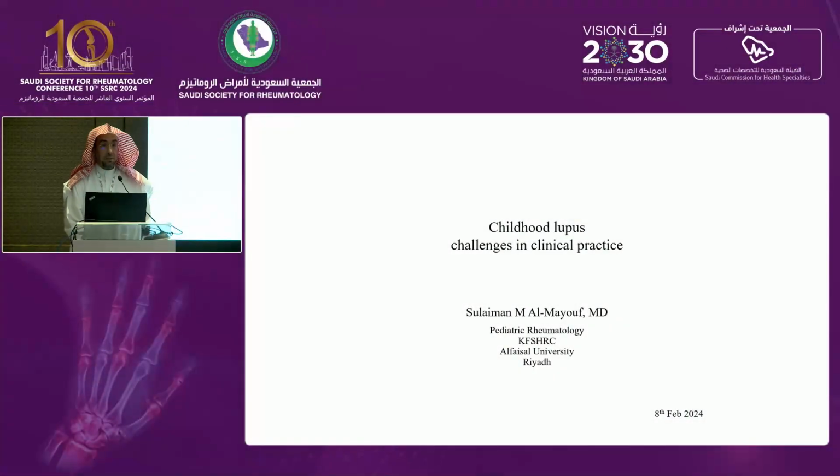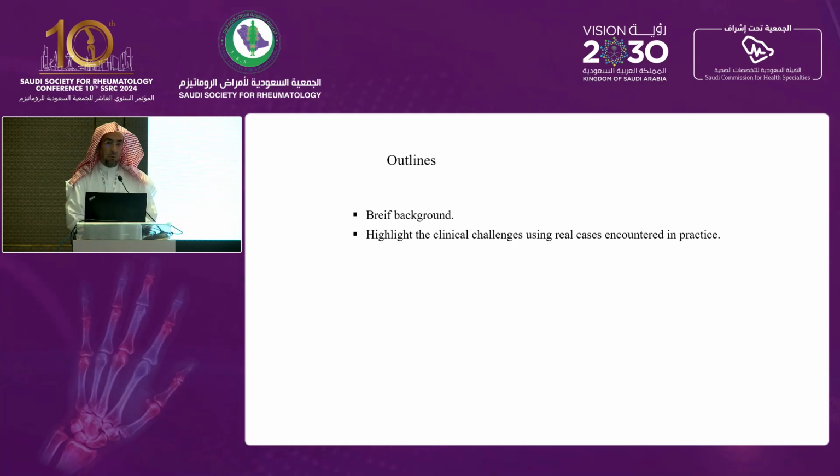As we know, lupus is a highly complex autoimmune disease with great heterogeneity between patients, causing anything from mild disease to a life-threatening condition, with a relapsing, unpredictable disease course. You can see any organ can be affected with a spectrum of clinical manifestations.